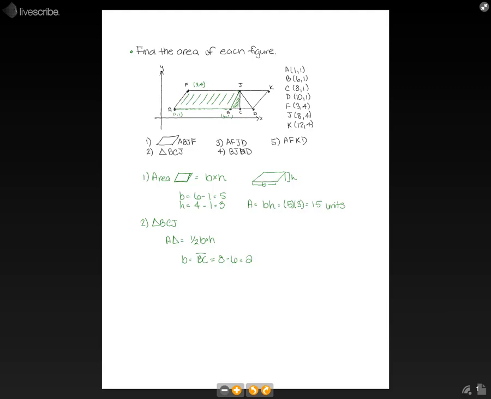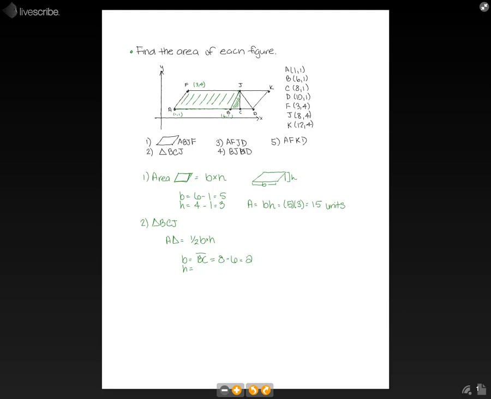If you were to do, for some reason, 6 minus 8 and got negative 2, all you would do is realize that there's no such thing as a negative length, so you just need to switch the sign into a positive sign. It's always going to be positive when you're looking at lengths and areas. So know that the base is 2 units, and the height is going to be the line JC.